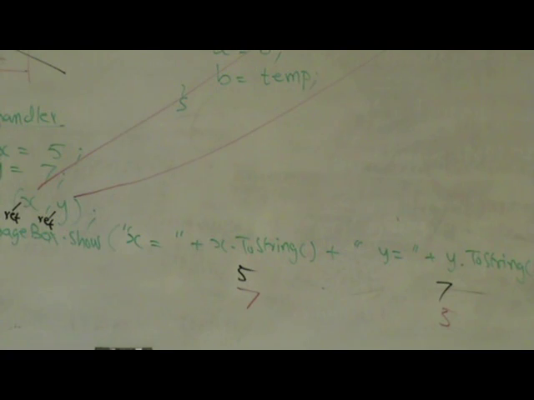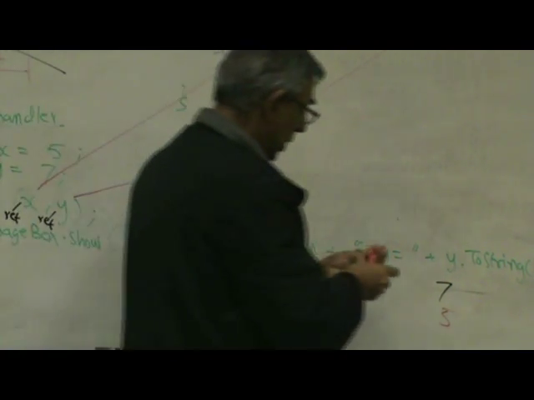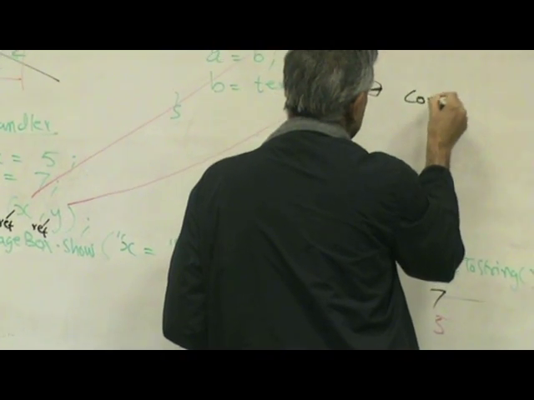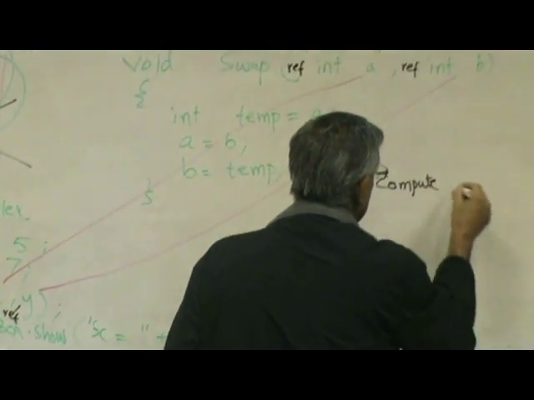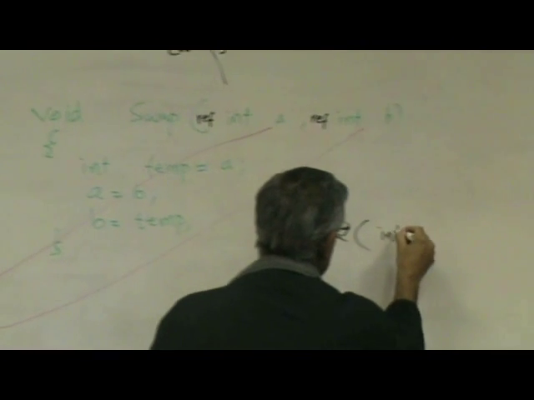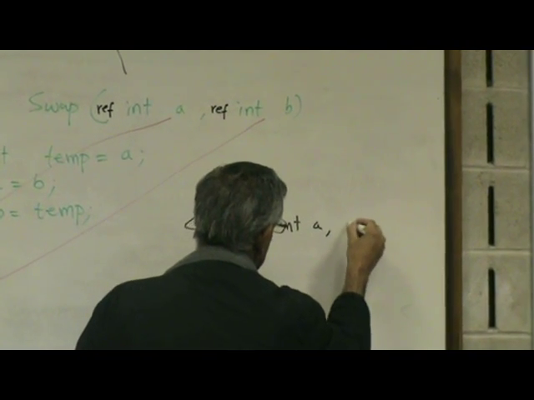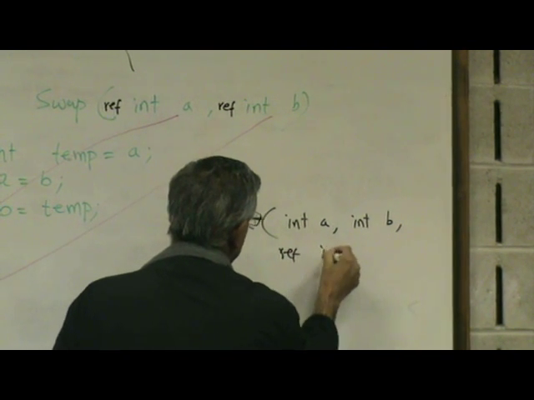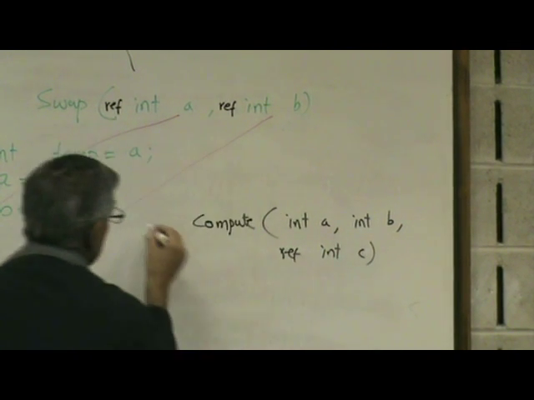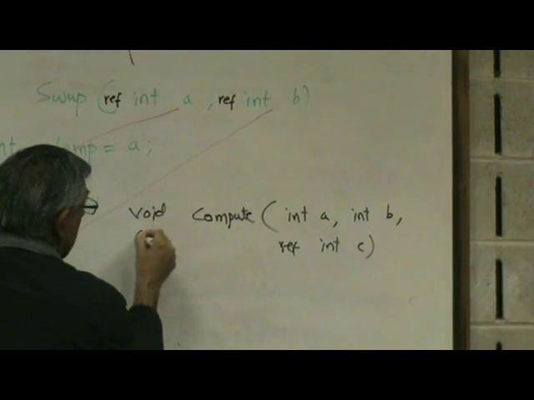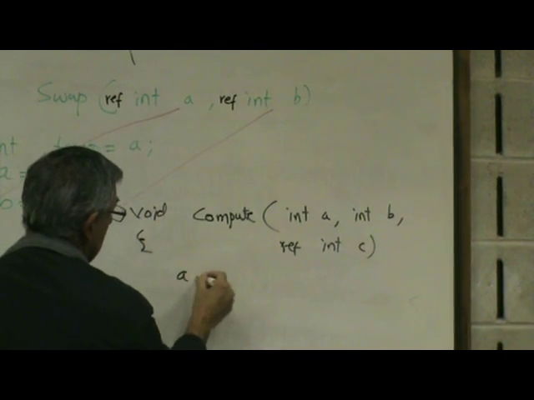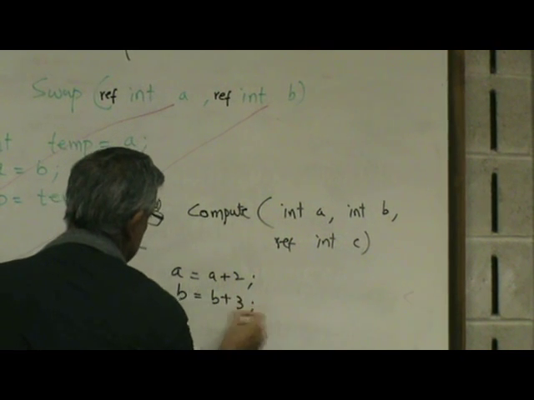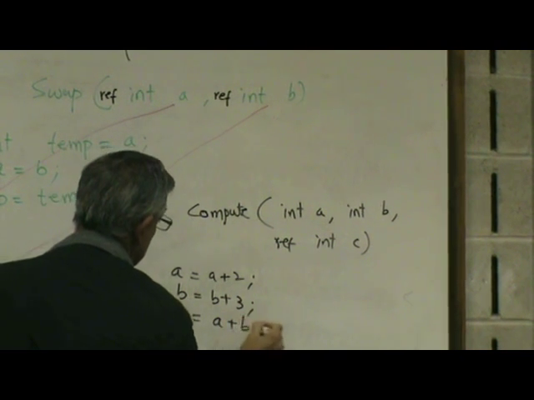Okay. So to give you another example, suppose I asked you to write this compute function, and it looks like this: void compute with int A, int B, ref int c. And suppose you are doing a equal to a plus 2, b equal to b plus 3, c equal to a plus b.